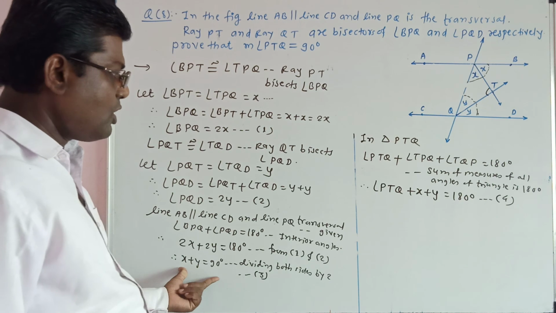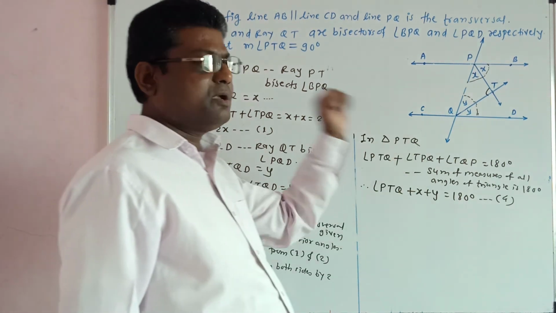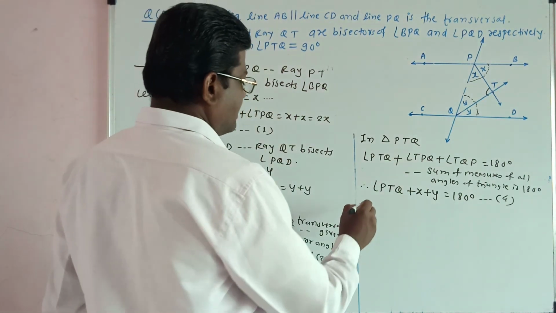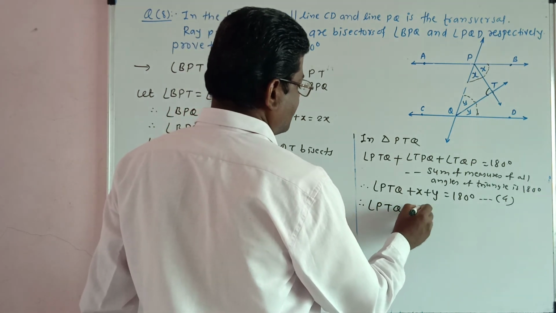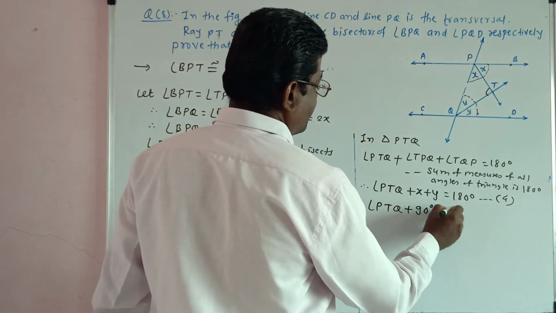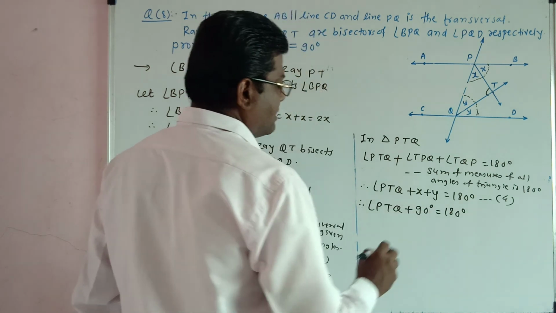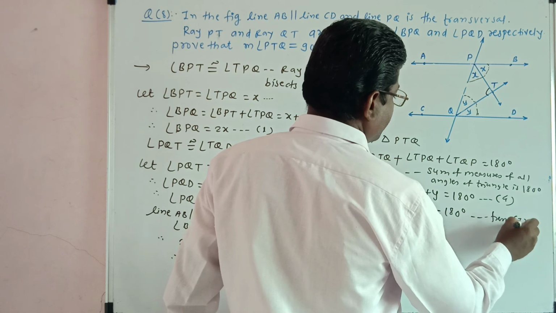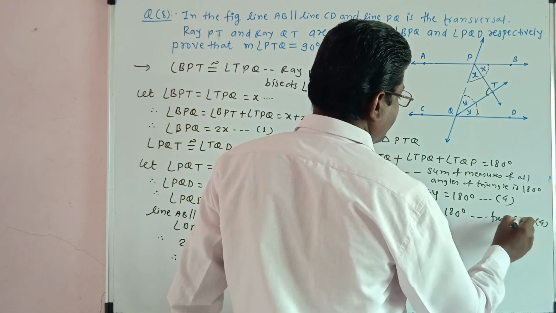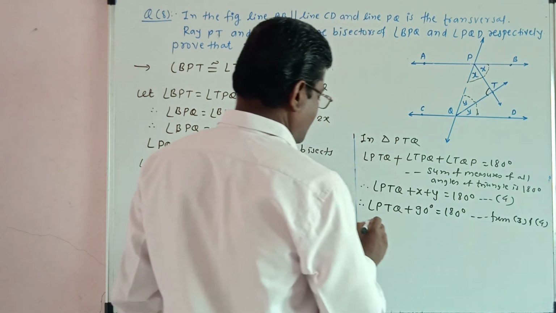Put this value of x plus y in equation 4. Therefore, we have angle PTQ plus 90 degrees is equal to 180 degrees, and the reason is from equations 3 and 4.